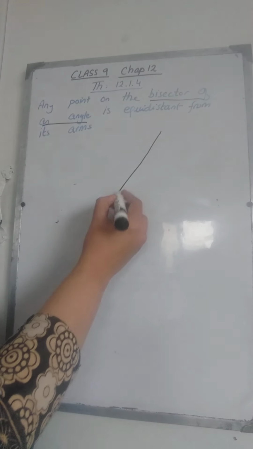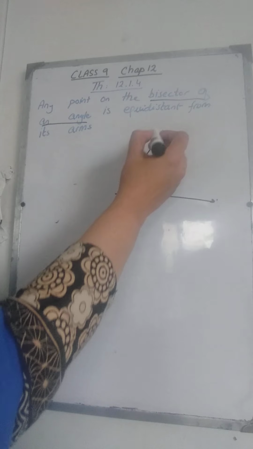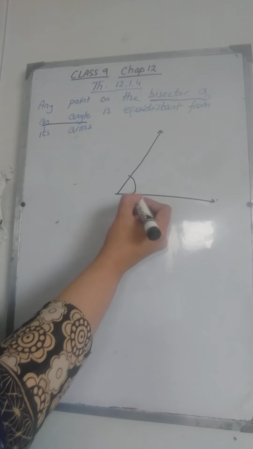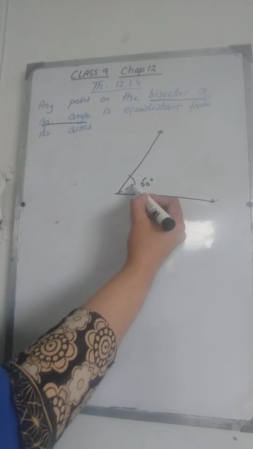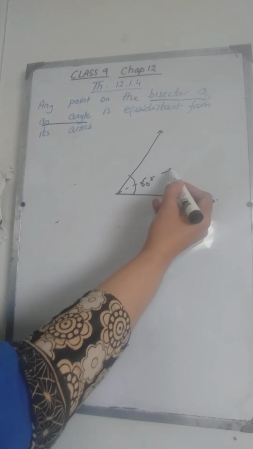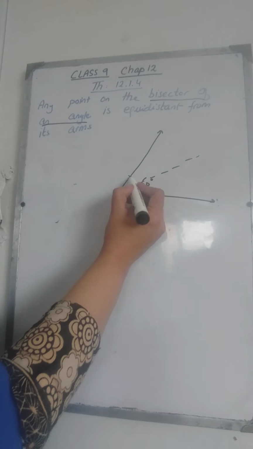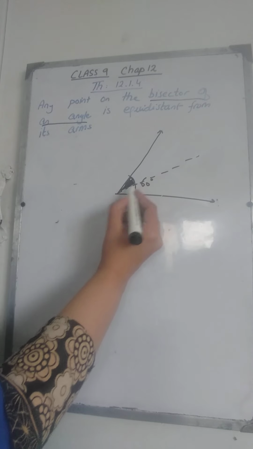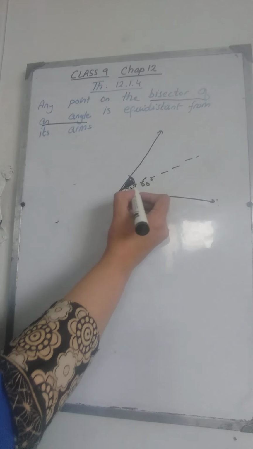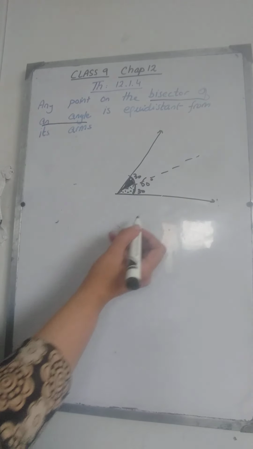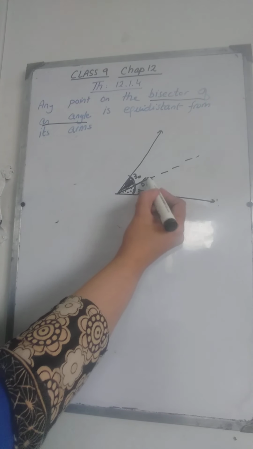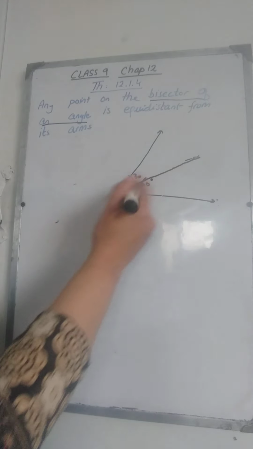Bisector of an angle is any line which divides an angle into two equal halves. For example, if this is the angle 60, now if I draw a line which divides this gap into two equal halves, it means that this angle and this angle remain the same. For example, this is also 30 and this is also 30, then it means that this line is dividing this angle into two equal halves.